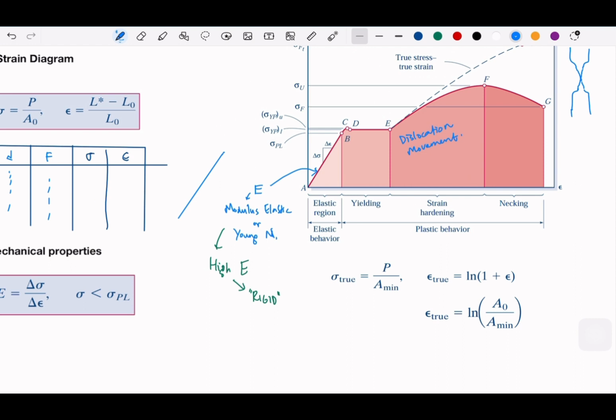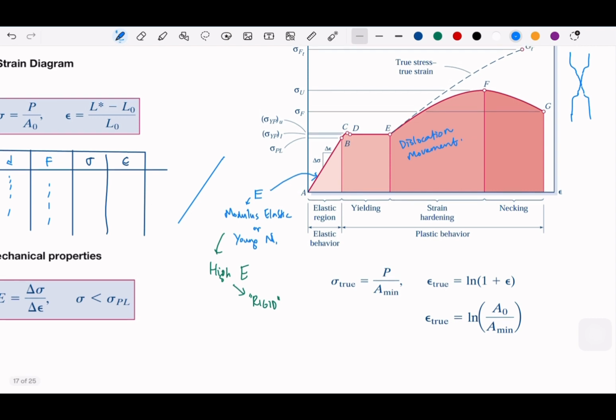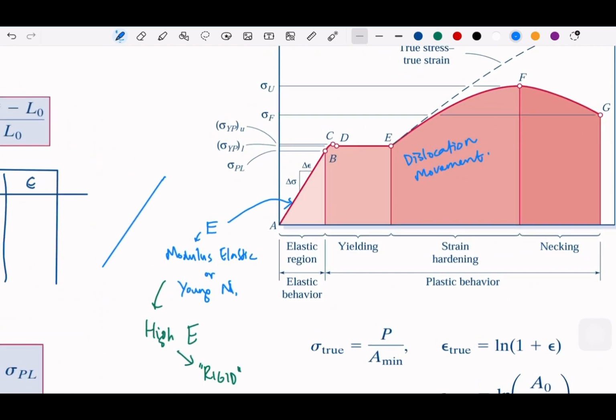So what is important here is, I forgot to give you the idea here. The yielding here, we also call a perfect plastic behavior. And you see that we have some important stresses here.